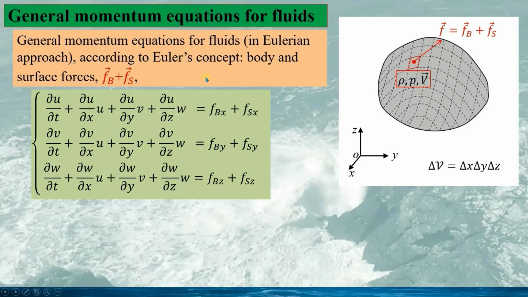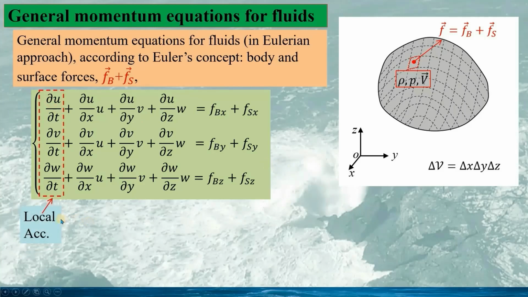According to Euler's concept, the force acting on the fluid element is separated into the body force, the vector Fb, and the surface force, the vector Fs, and the corresponding components of the body force and the surface force are given here.